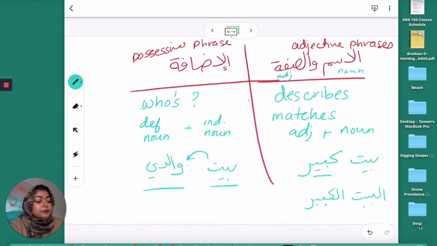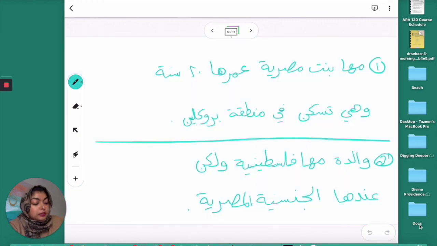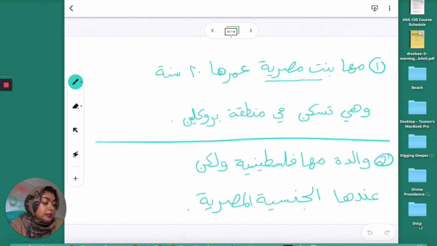So if we go back here, this right here, I'll leave it in blue. This is an example of an adjective, ism al-sifa. That's not an example of idafa. So let's put idafa in red so it stands out. عمرها 20 سنة. What is this?